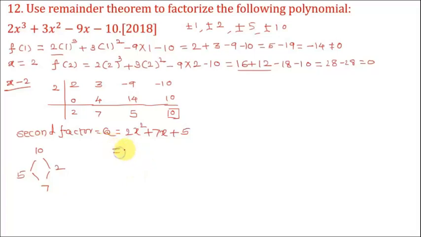And hence here 2x square plus 5x plus 2x plus 5. Now take common from here: take x as common, then in bracket you will have 2x plus 5. From these two terms take 1 as common, then in bracket 2x plus 5. Again take common 2x plus 5.